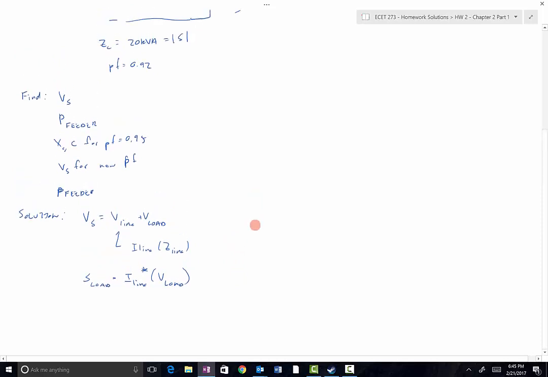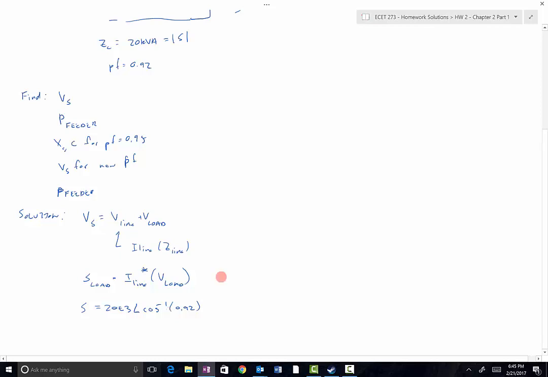So we just have to use this information here. And so I know S is equal to 20 times 10 to the third at an angle of inverse cosine of 0.92. And we were told that this was a lagging circuit, so I don't have to mess with the minus sign there.